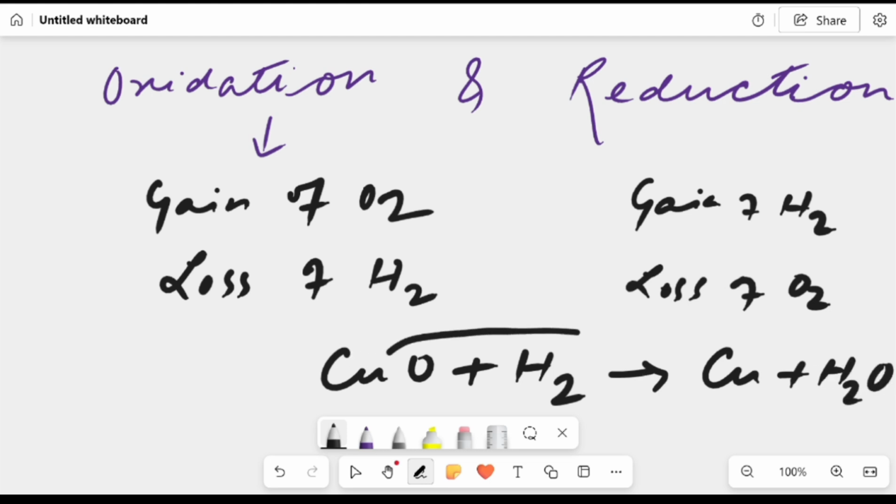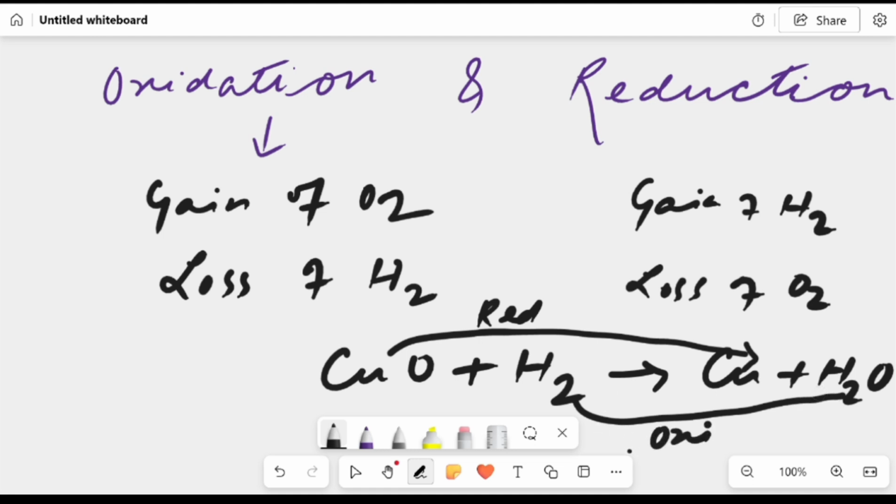Since there is loss of oxygen, it's reduction here. Gain of oxygen takes place, so it is oxidation here. When in the same reaction, reduction and oxidation both take place, that particular reaction is known as a redox reaction.